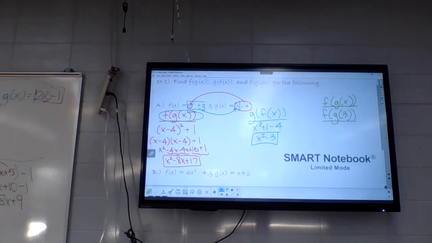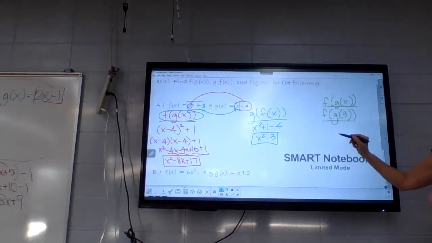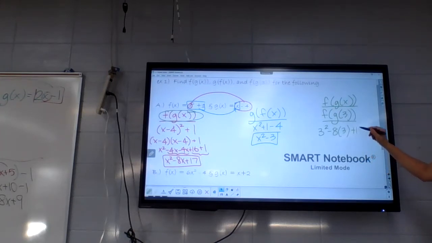I'm just going to take 3 and put it into this polynomial. And so just do the math then. And we end up with 2, I believe. Yeah. So f of g of 3 would just be 2.